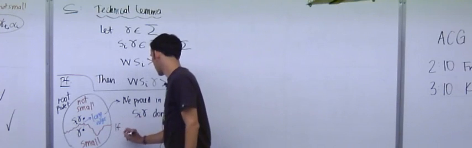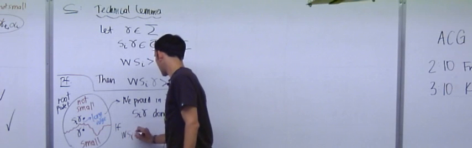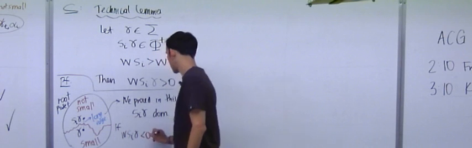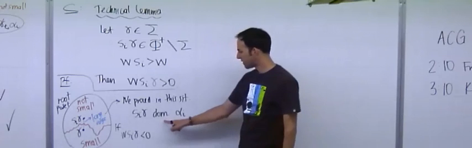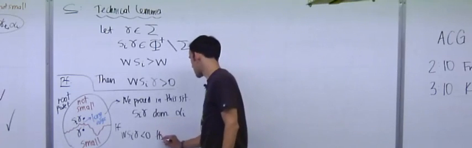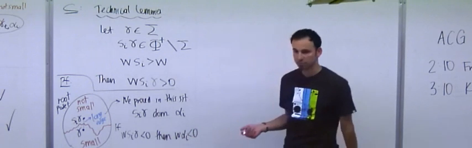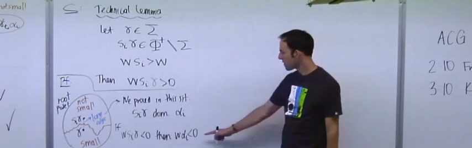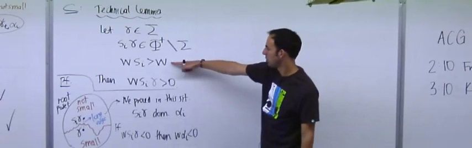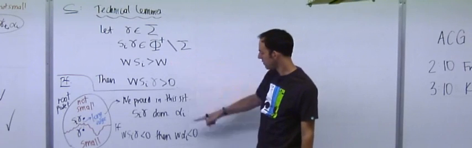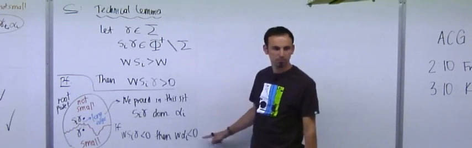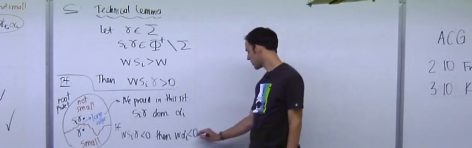If W Si gamma was negative, then by domination, W alpha I would be negative. Right? But we know that this is not true because WSI is bigger than W. And so these two things contradict each other. Okay. So that's my proof.